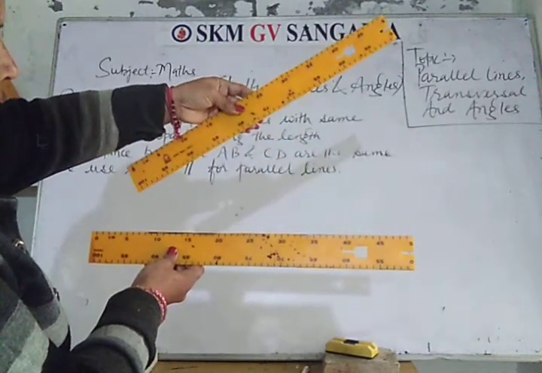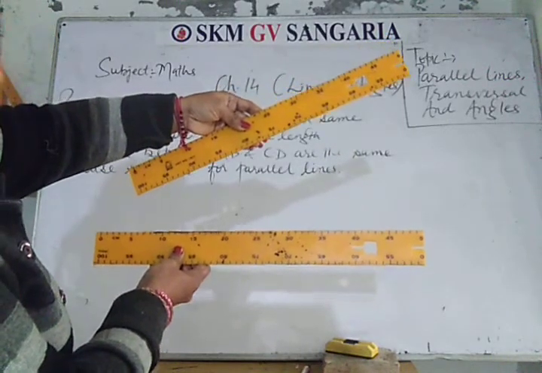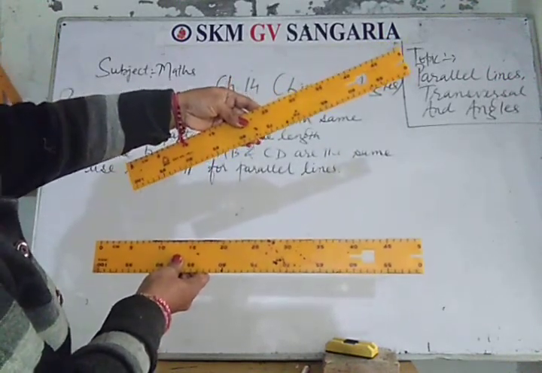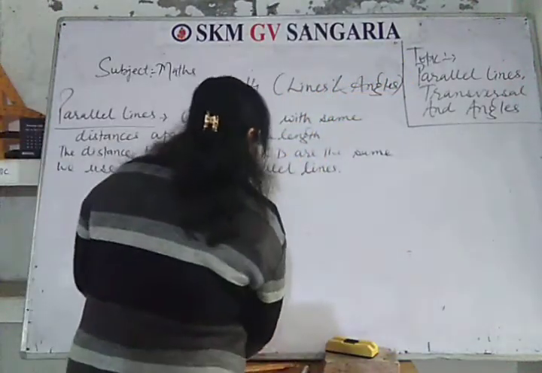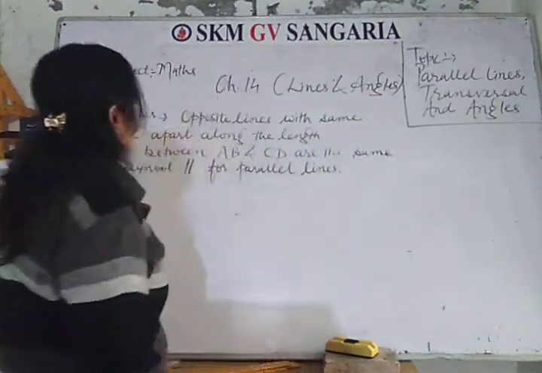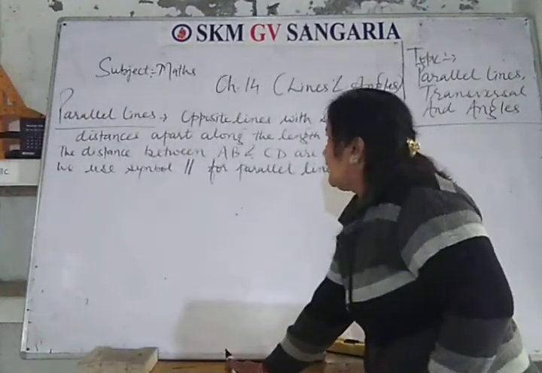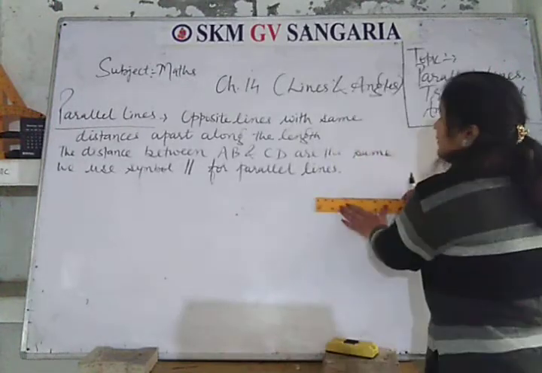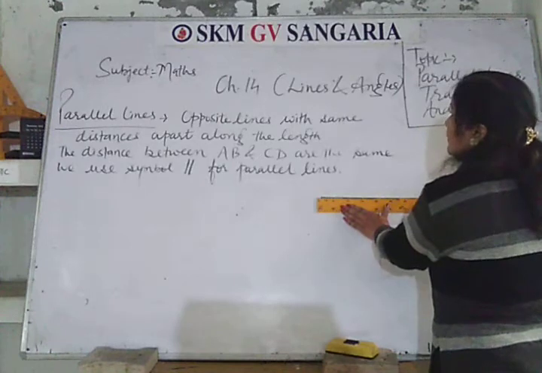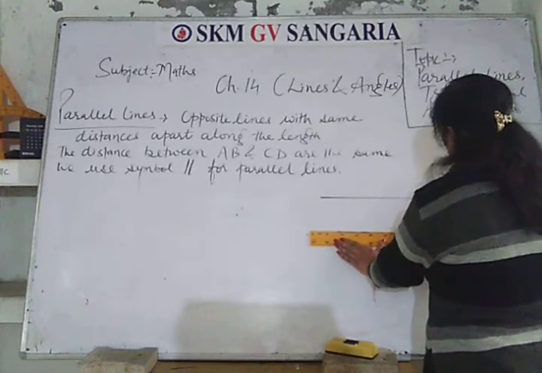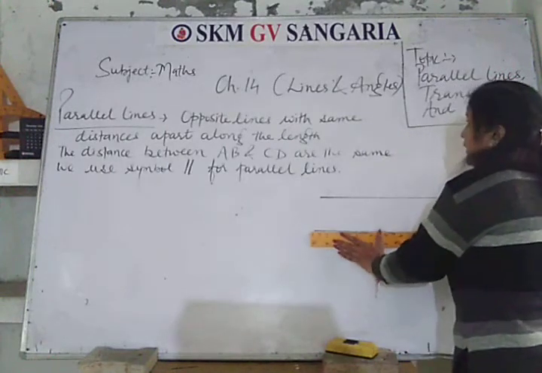If it is like this, the distance between this line and this line is not the same. So we can say the opposite lines with same distances apart along the length are called parallel lines.